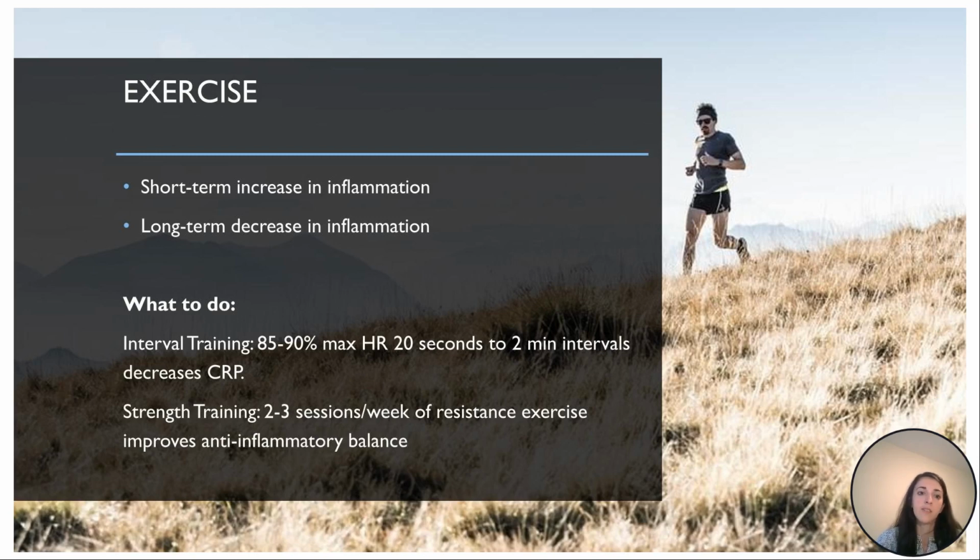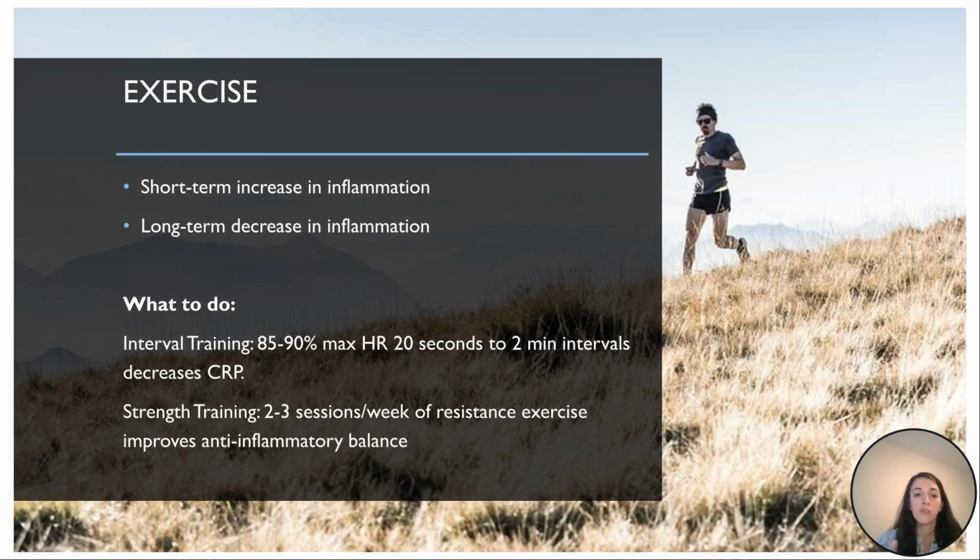And exercise. So exercise will, in the short term, increase inflammation, and in the long term, it helps overall decrease inflammation. Let me finish this slide. So what to do, research has shown that interval training and strength training are both great ways to decrease inflammation. You don't have to do these things, but I wanted to include something that was from research studies.